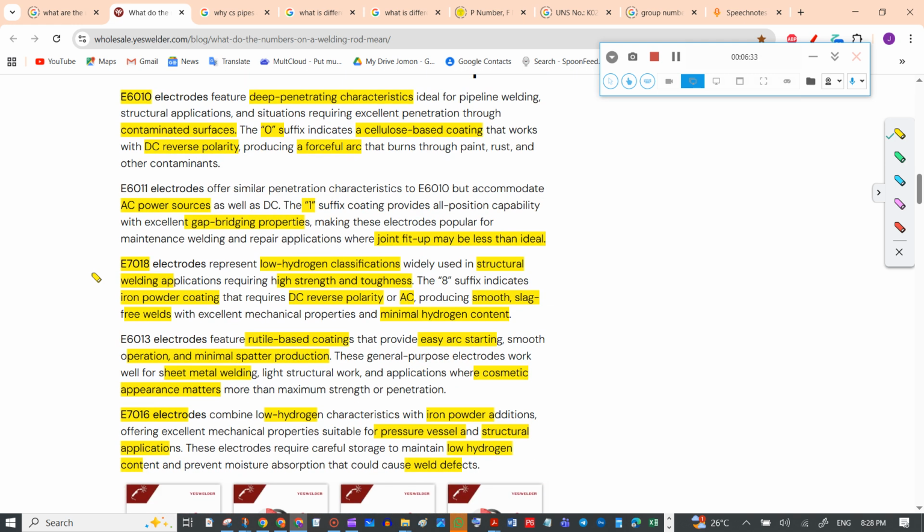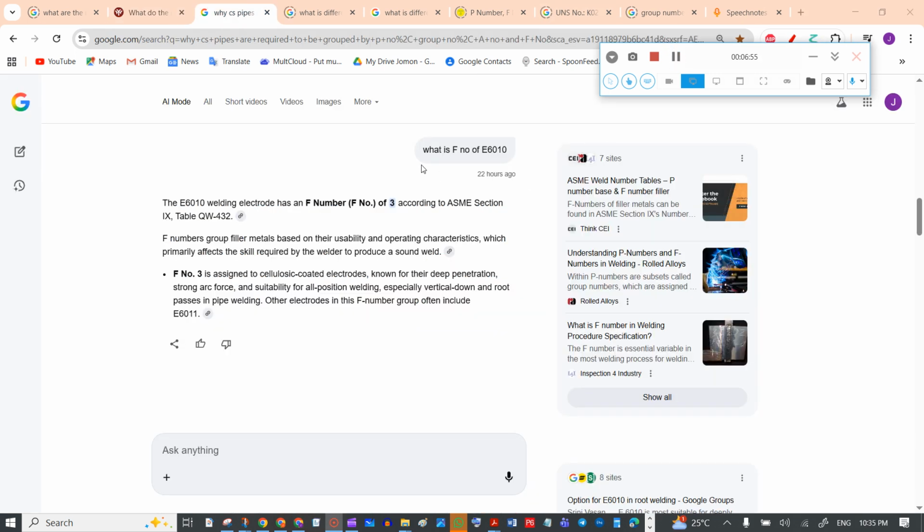Next we will move on to the main two electrodes we discussed, that is E6010 and E7018. So what is the F number of E6010? It is 3.